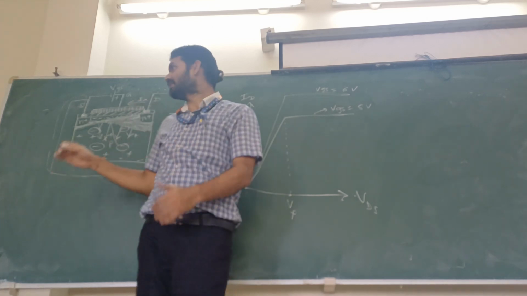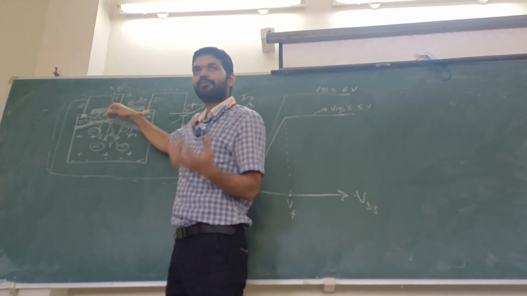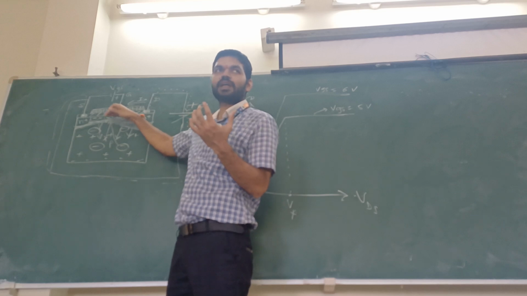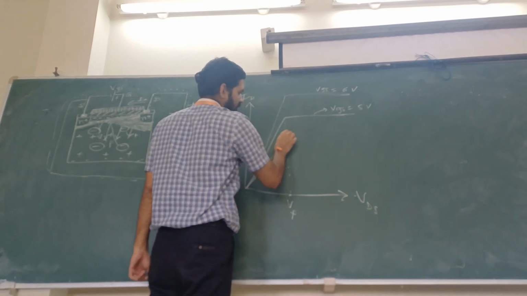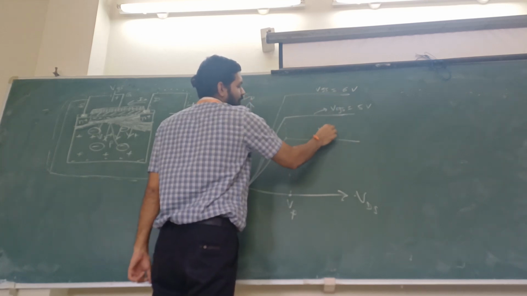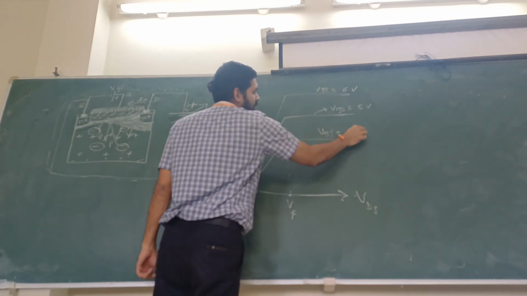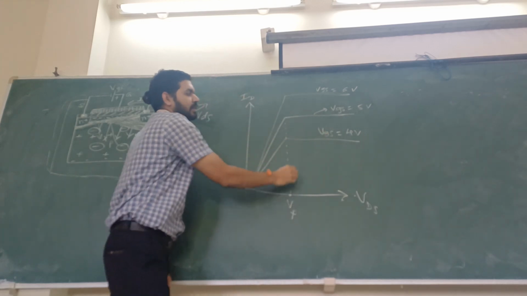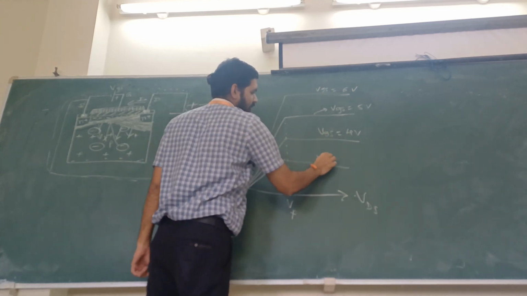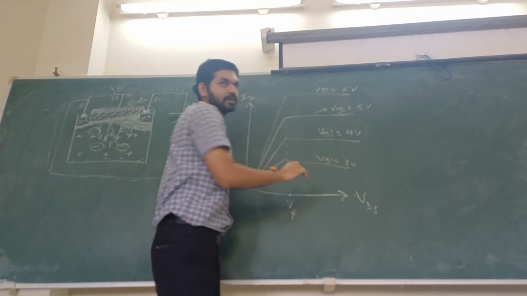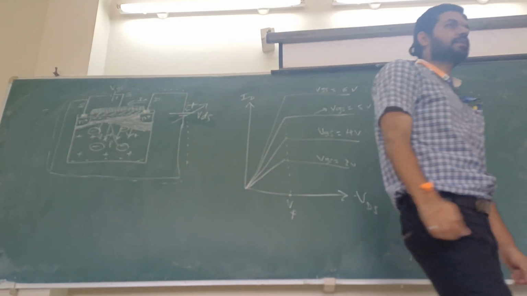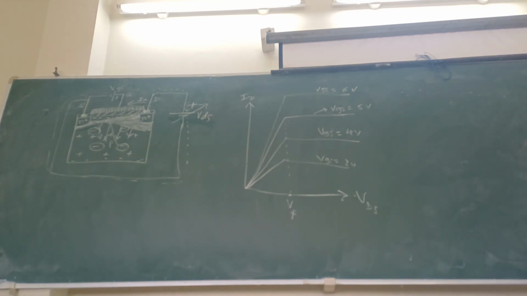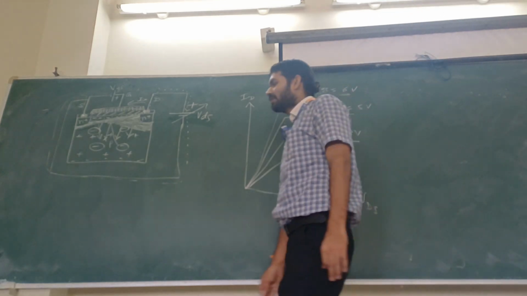Or if you decrease the VGS, the channel will become weaker, or fewer charges will be present in the channel. Therefore the current level will also drop. So if VGS is less, the current level will drop. VGS 3 will be here like this. This is a summary of the working of the N-channel enhancement type MOSFET.